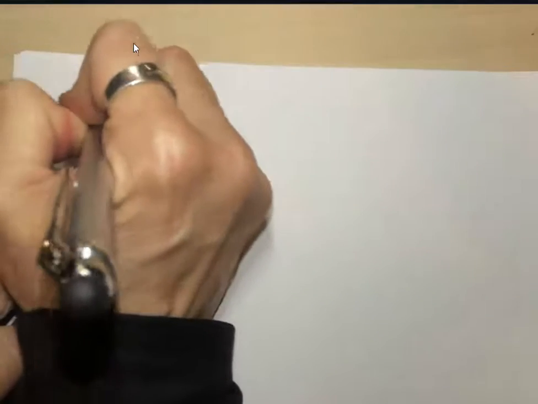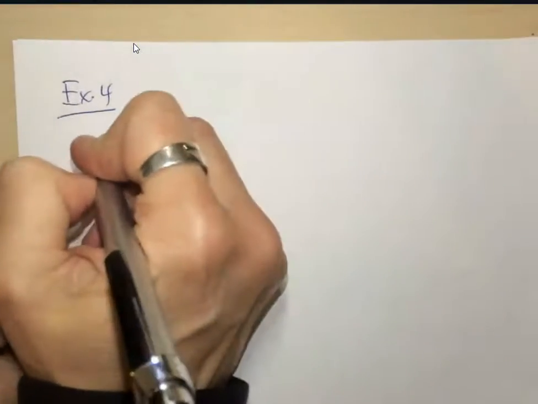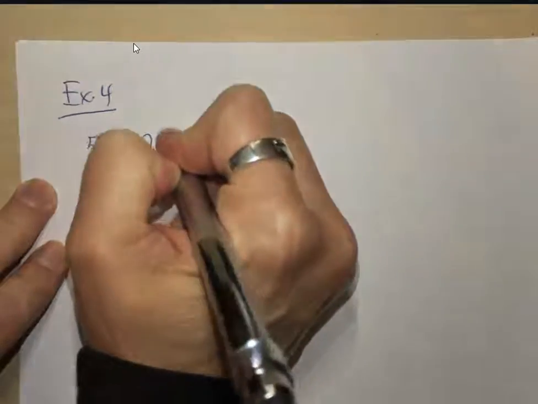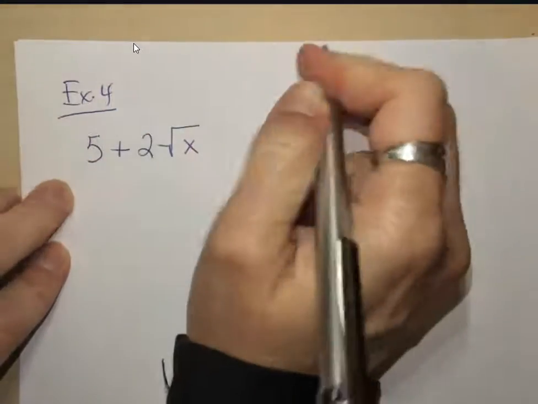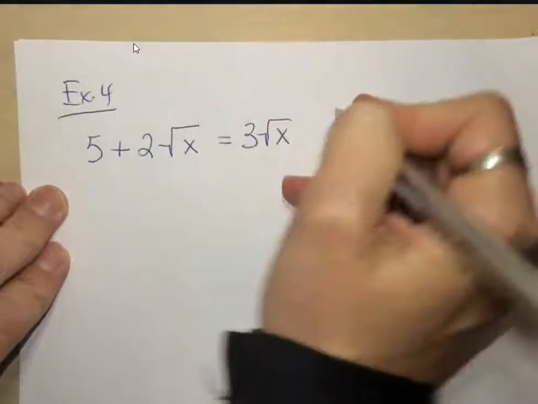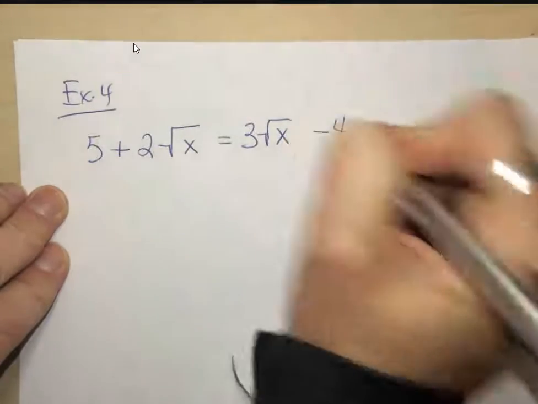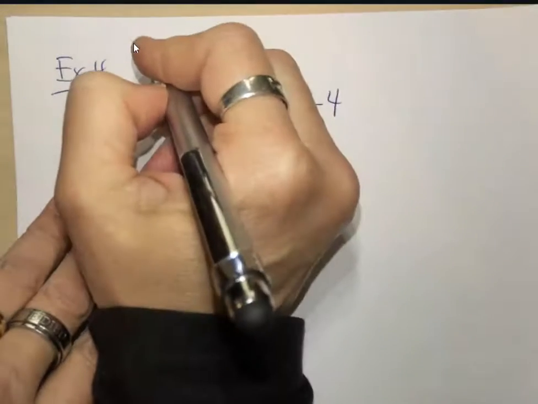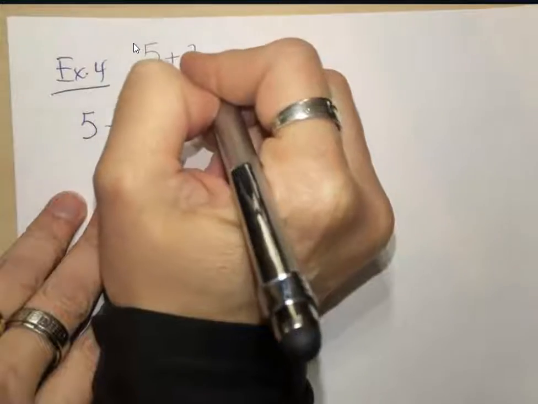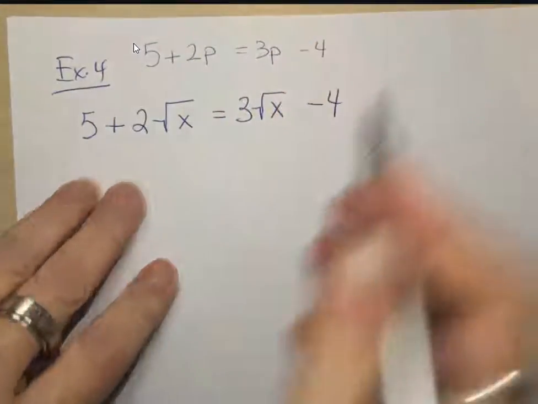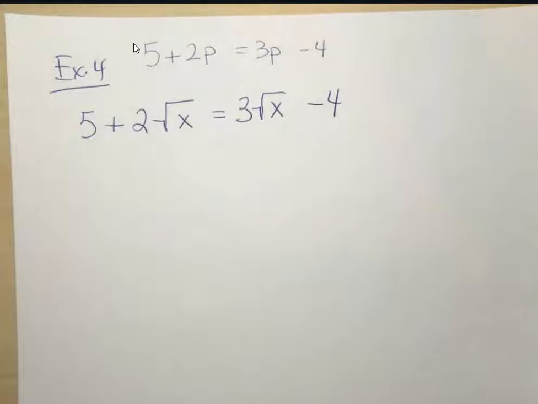So example number 4, what if you had 5 plus 2 square roots of x equals 3 square roots of x minus 4. Now, think about the problem in terms of, what if it said 5 plus 2p equals 3p minus 4? How would you solve that problem?